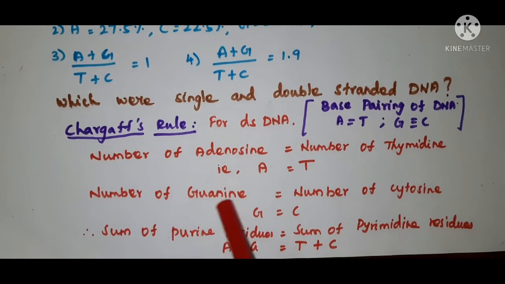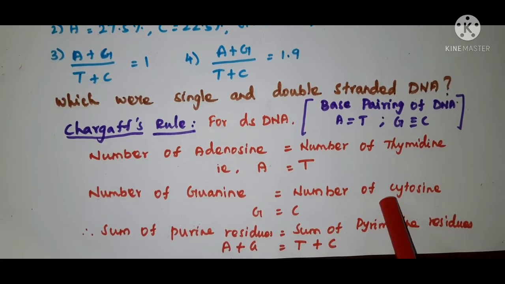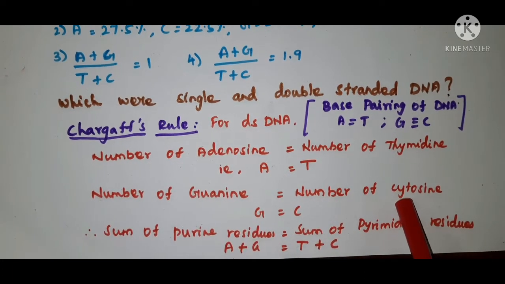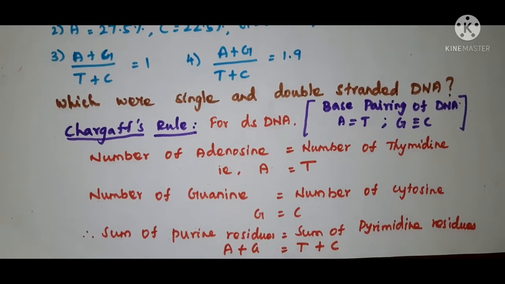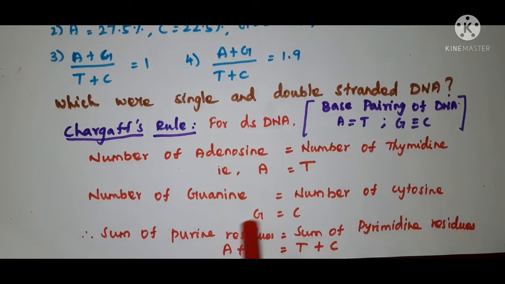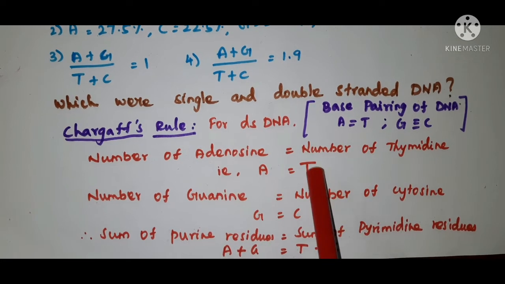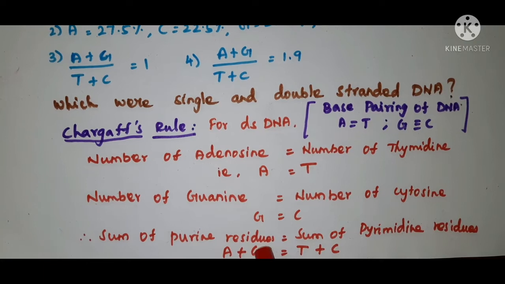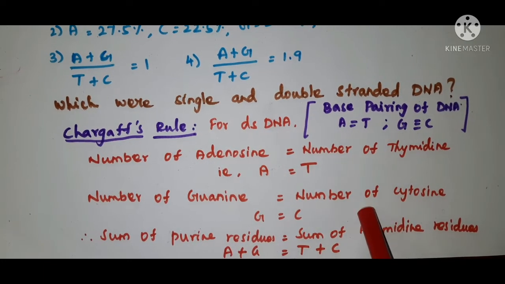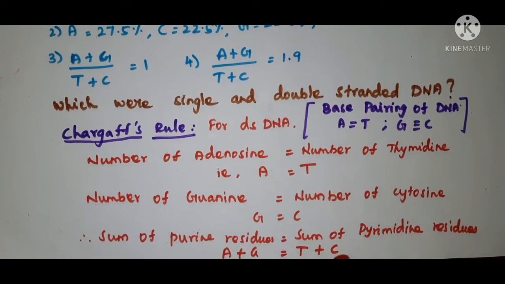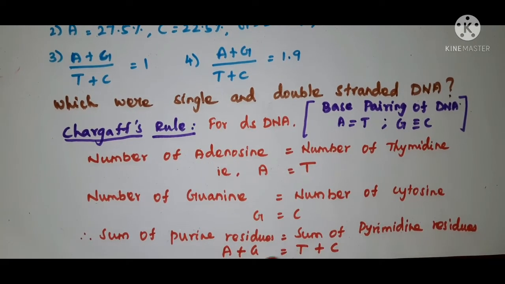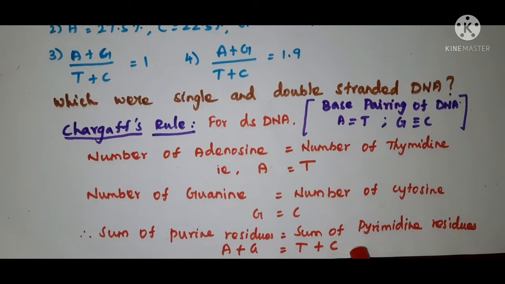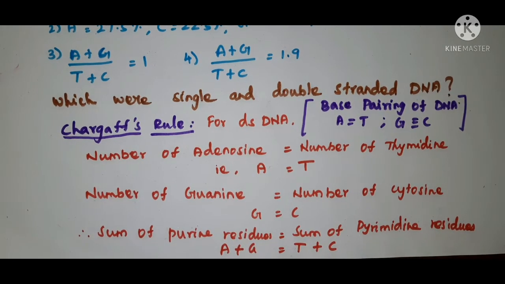So the number of guanine is always equal to the number of cytosine. Then we know that adenine and guanine are purines, and thymine and cytosine are pyrimidines. So the sum of purine residues, A plus G, is equal to the sum of pyrimidine residues, thymine plus cytosine. So A plus G is equal to T plus C for double stranded DNA.